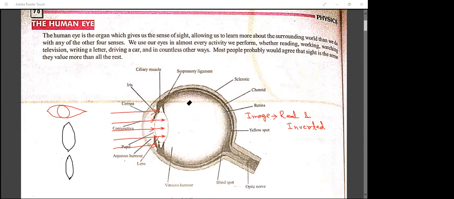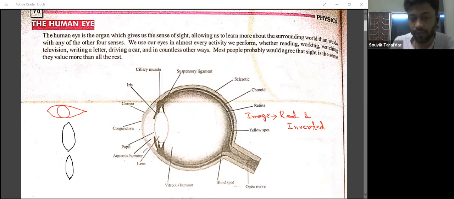Now, one more thing, two more things I should tell you. This is known as aqueous humor, and this is known as vitreous humor. Aqueous humor and vitreous humor are liquids.